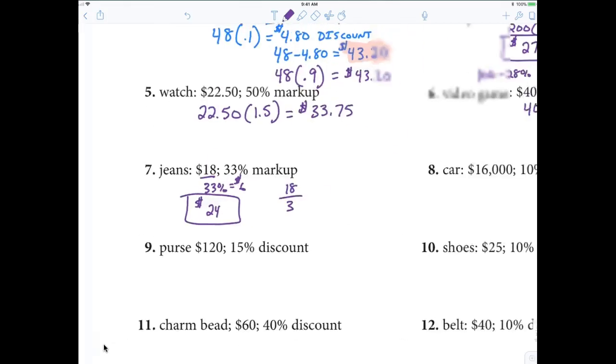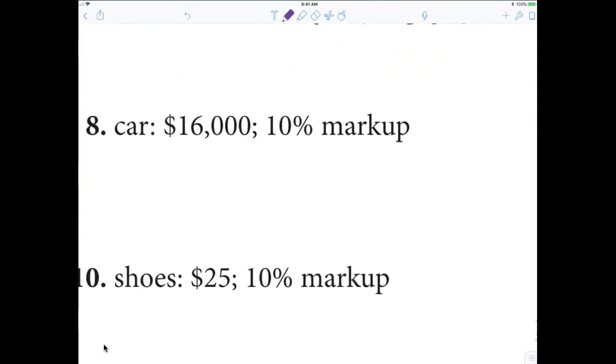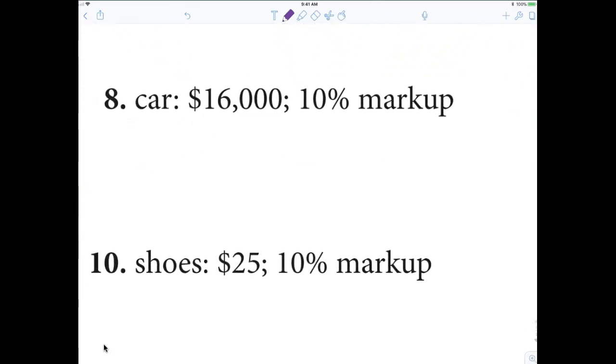All right, let's take a look at number 8. Now, honestly, I think you should be able to look at that and say that's $17,600. How did I know that so quick? Because Max, because why?